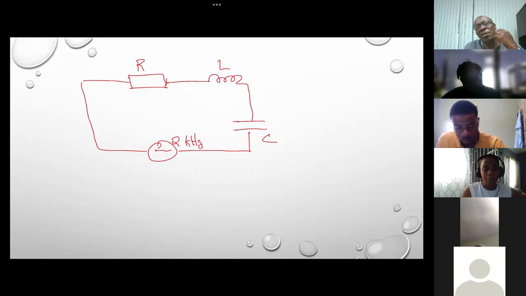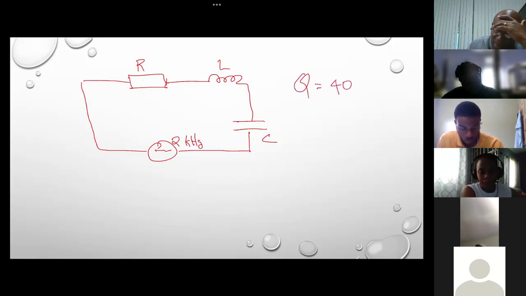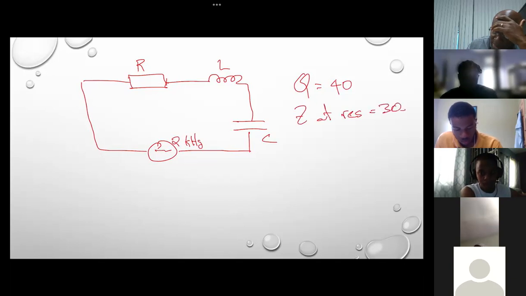We look back at the question. We know that Q is equal to 40 and Z at resonance was equal to 30. All right, let's go.